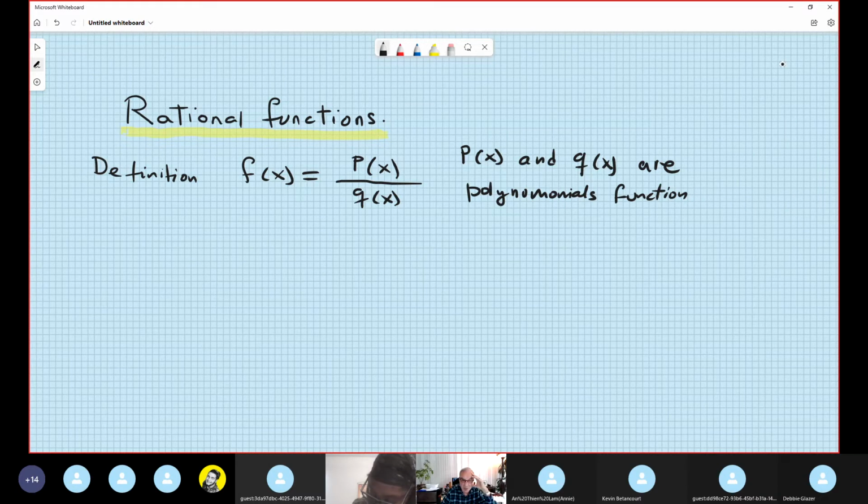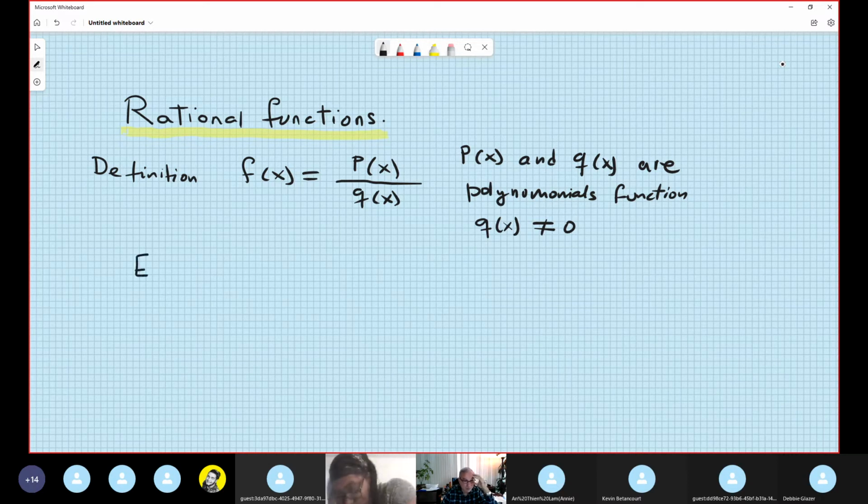Polynomial function. But important to say something. Suppose that Q is never 0. You know that because division by 0 is undefined. Okay, let's see several examples to illustrate the possibilities of the rational function.